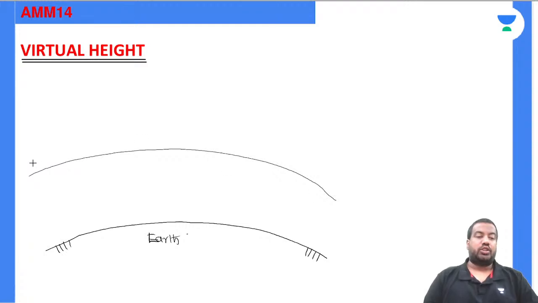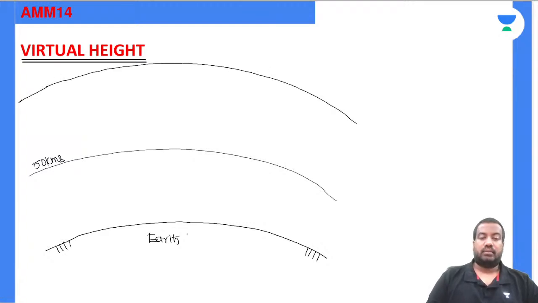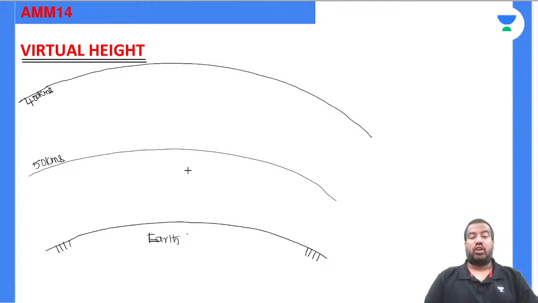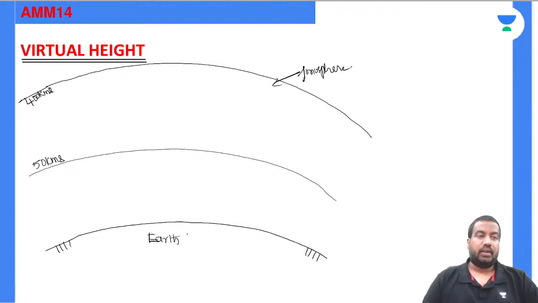This is where the ionosphere is starting, at 50 kilometers, ending up at 400 kilometers. Now you are sending the wave towards the ionosphere.